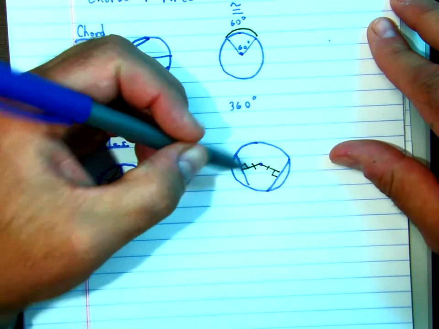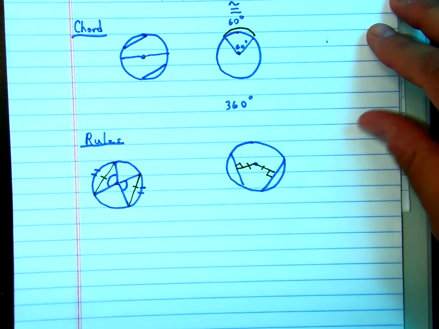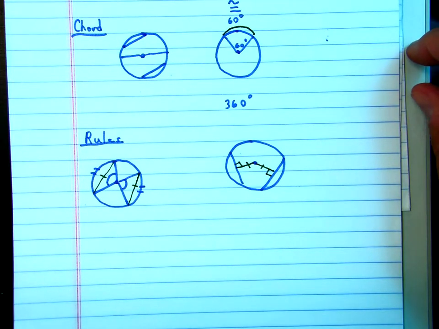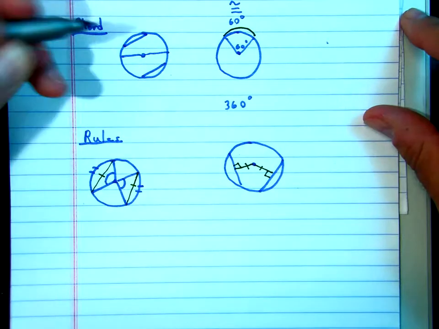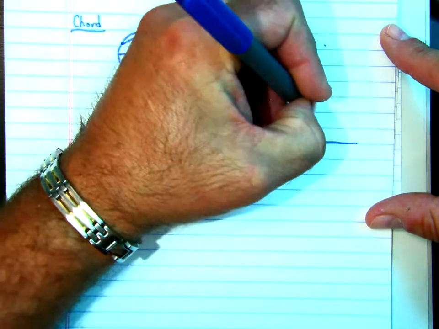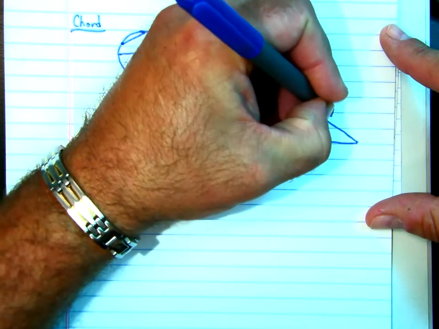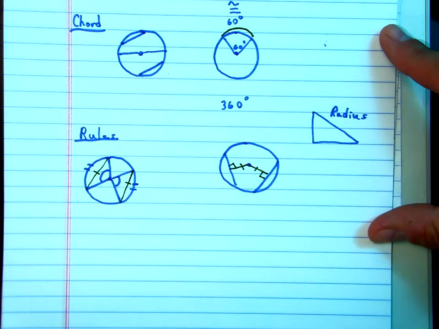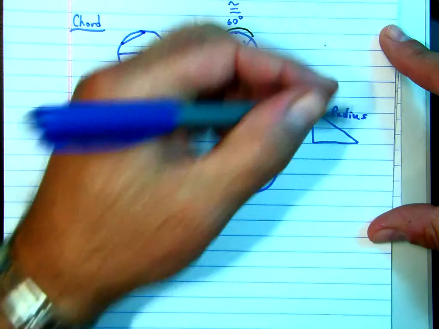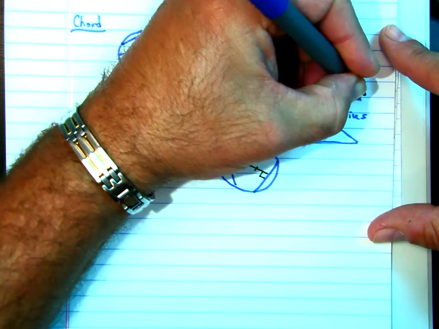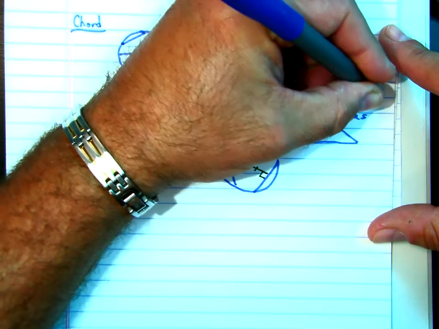And you can see that we're talking perpendicular distance, which allows you to make what lovely shape if you need to? Correct, a right triangle. And in this case, your right triangle, that hypotenuse will always be the radius, just like when we did regular figures. Okay, so the radius is always your hypotenuse. Right?